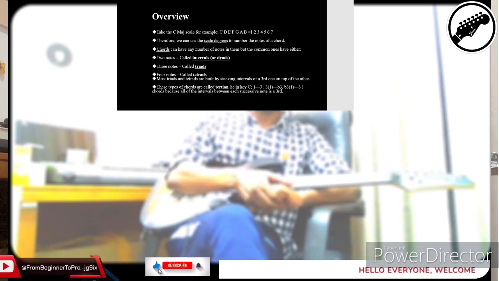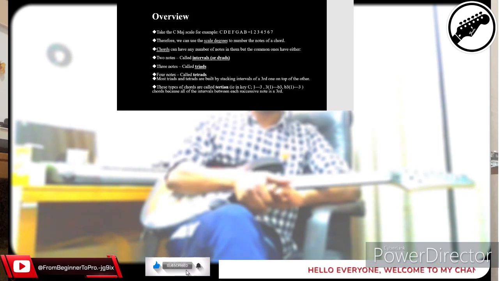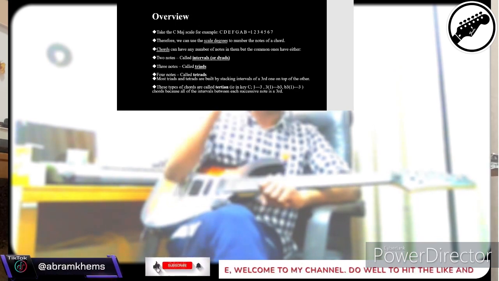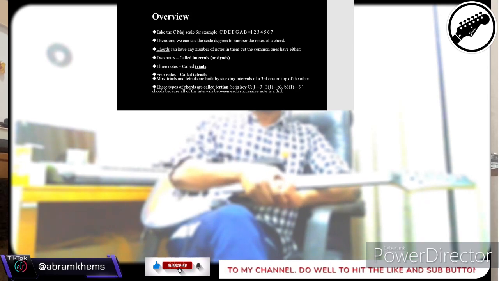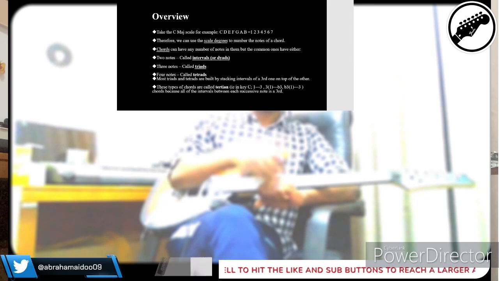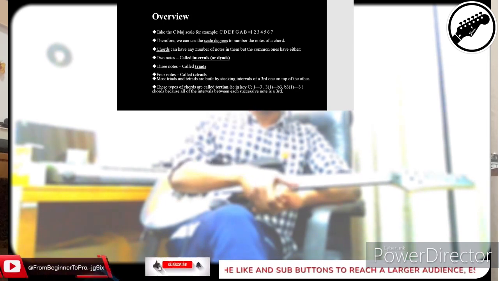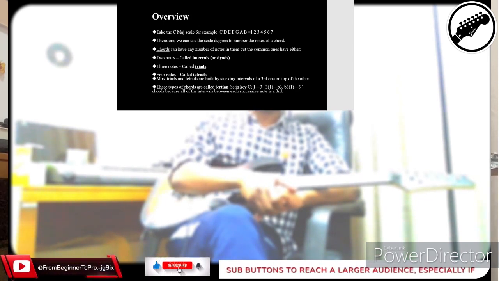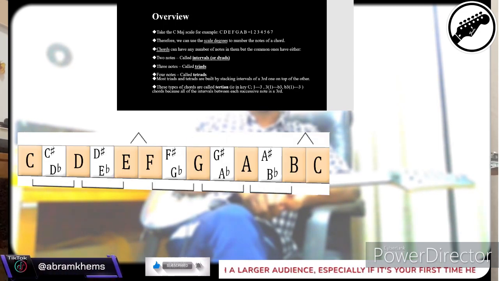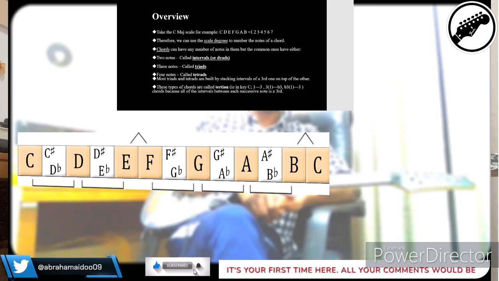The C will be of degree 1, the Re or the second note will have a degree of 2, and the rest follow suit. By virtue of having degrees for these various notes, we can assign the degrees to the notes in the chords as well.